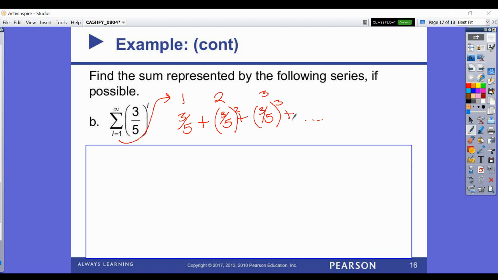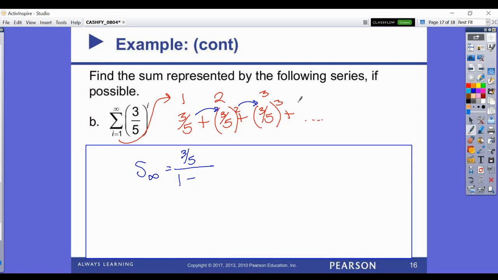So what would this be? Well, I can write it out this way to kind of see what my series is. I can also use the formula. So the sum of this infinite series is the first term, which is 3/5, divided by 1 minus the rate. Well, what's the rate?